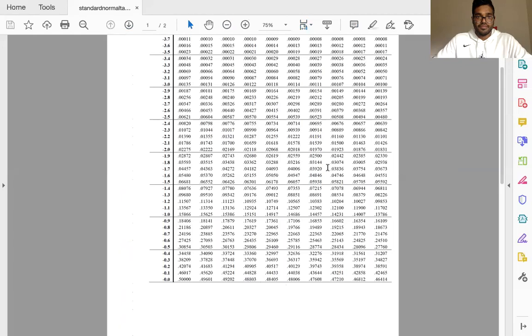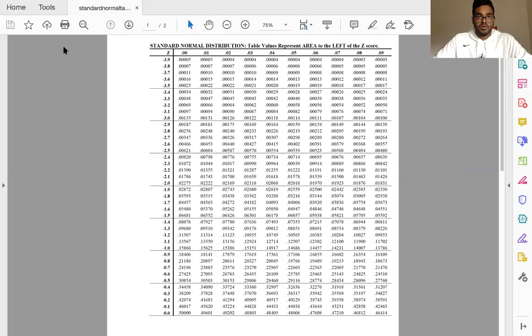Right, so when you look at this, we have negative 0.4 here, 0.4 at the top. Find out where they line up, which is right here. So 0.32997. Okay.